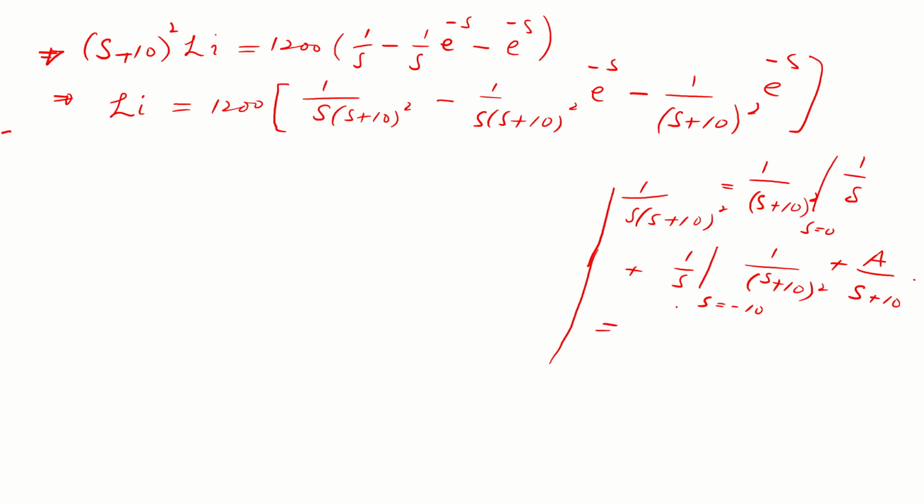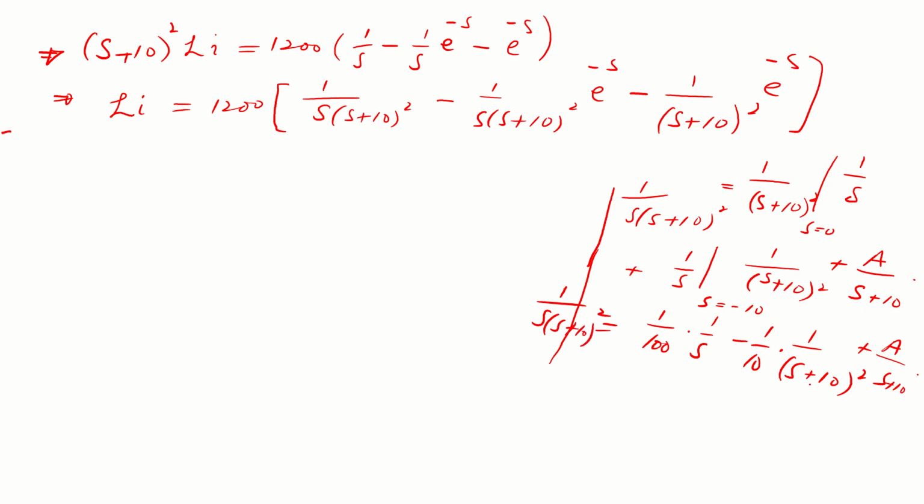So putting this value in here, we get what? When you put s equal to 0, that gives you 100. So we have 1 over 100 into 1 over s. If you put minus 10 here, we get minus 1 over 10 into 1 over s plus 10 whole squared. And then we have a divided by s plus 10. On the left side, we have 1 over s into s plus 10.